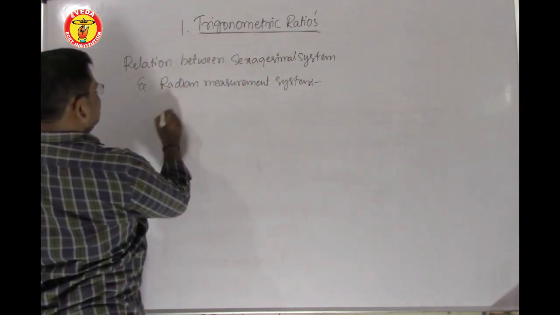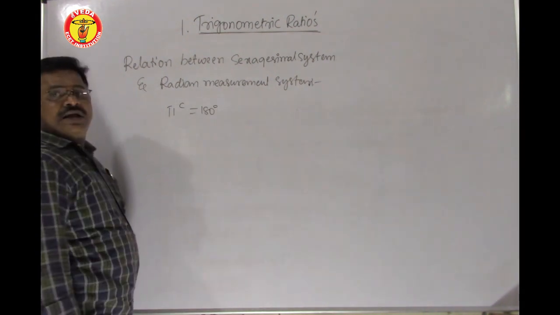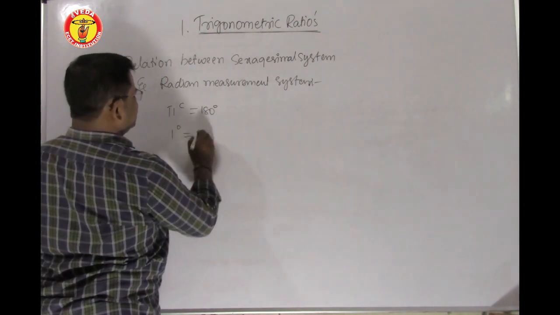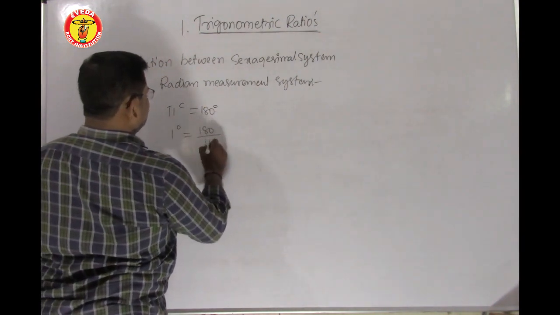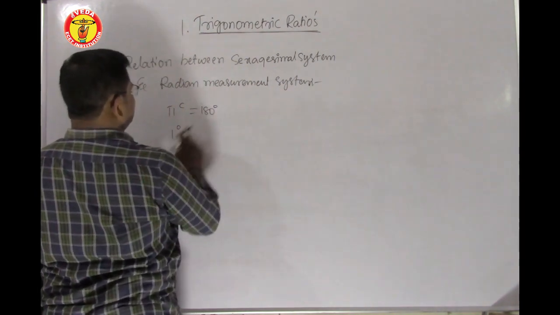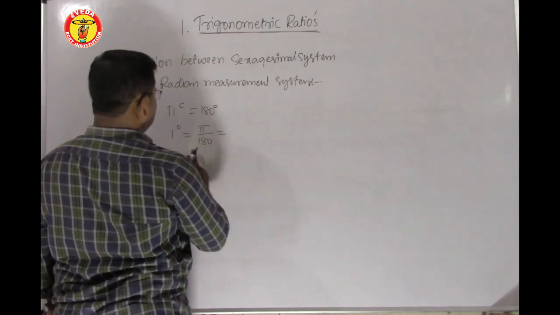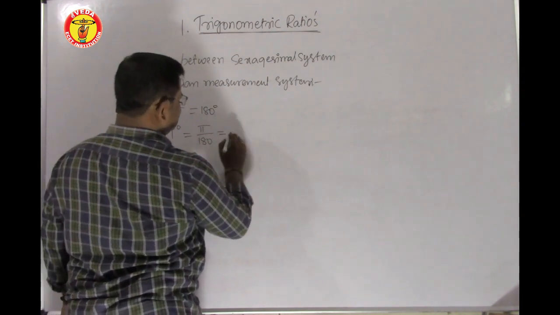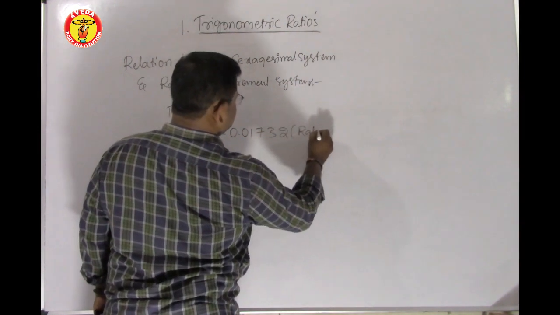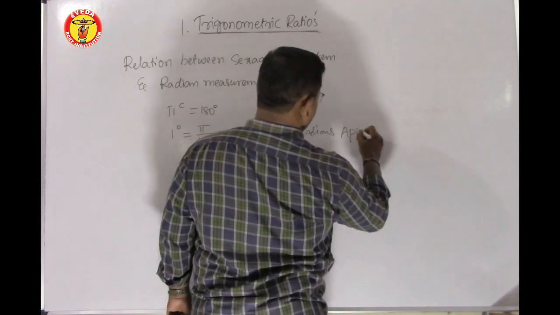See here, we all know that pi radians is equal to 180 degrees, so 1 degree is equal to pi by 180 radians, whereas 1 degree's equivalent value is 0.01732 radians, which is an approximate estimation.